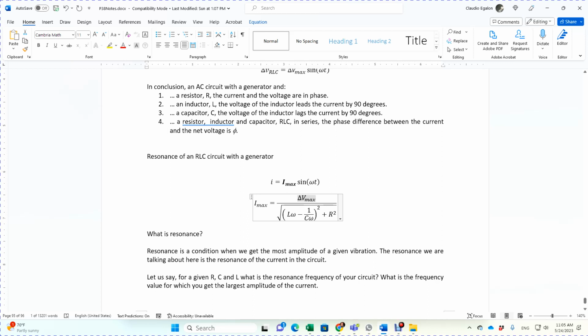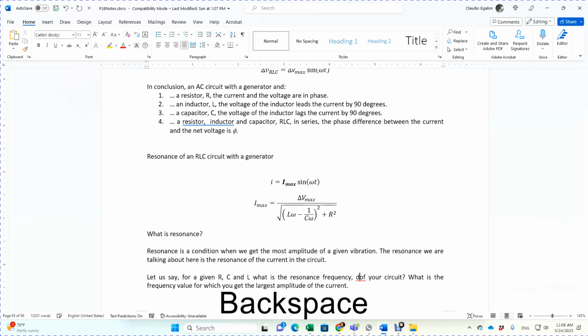You have set the inductance, the capacitance, and the resistance to given fixed values. For a given R, L, and C, what is going to be the resonance frequency of your circuit? The resonance frequency is dictated by the omega.